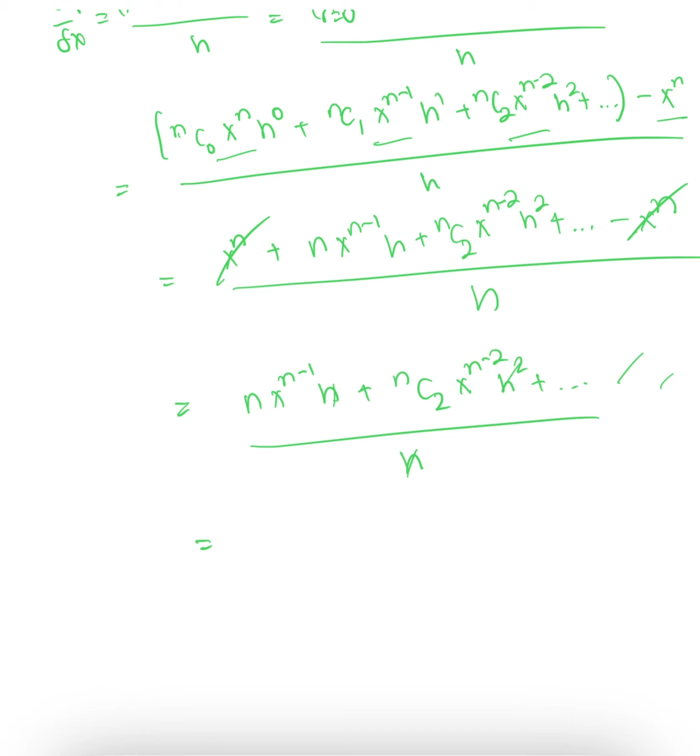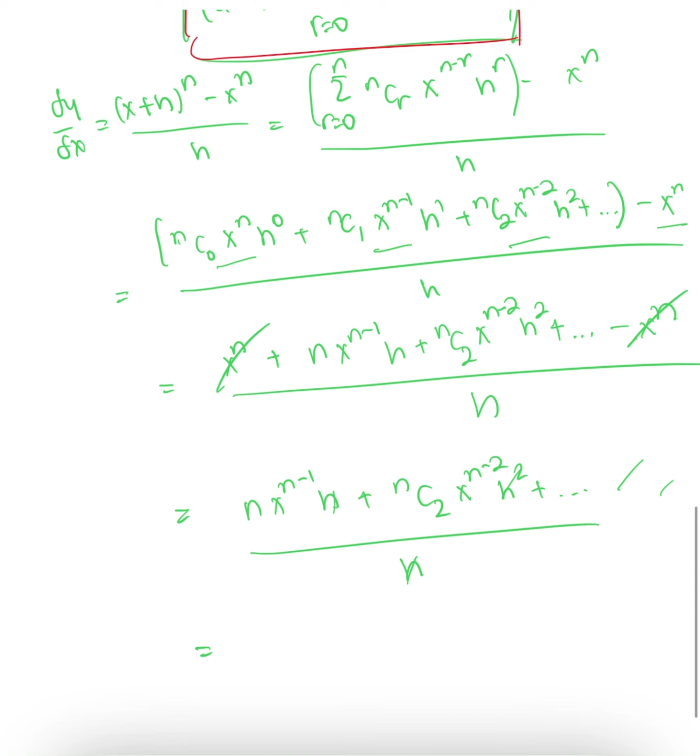So when I go back to writing it as a sum, where I had it here, it is a sum over n choose r, x^(n-r), h^r. Now remember the first term has gone, the part where r is 0, that's gone.